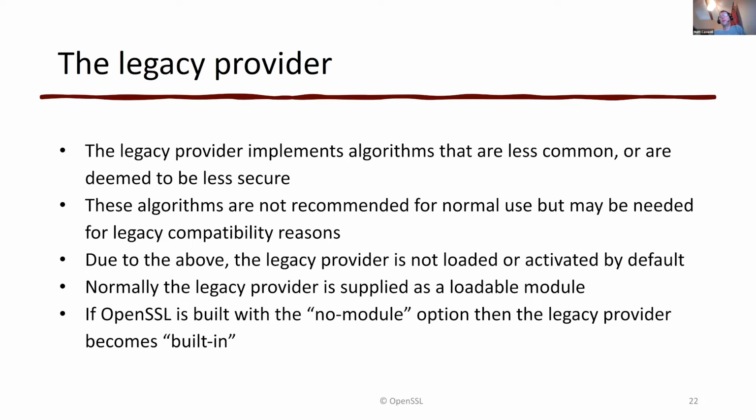You'll probably want to use it in conjunction with the default as well in that case. It is supplied by default as a loadable module, so a .so file or a .dll. But if you build OpenSSL yourself, then there's a configure option, no-module, which will instead build OpenSSL with the legacy provider as a built-in.